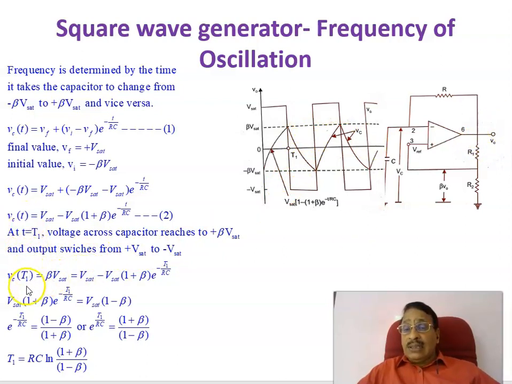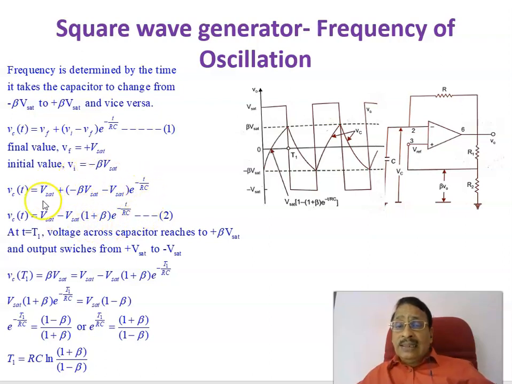Now, if you substitute in this equation the capacitor voltage at time t equal to capital T1, which is equal to plus beta Vsat, you get beta Vsat equal to Vsat minus Vsat into 1 plus beta into e raised to minus T1 divided by RC.